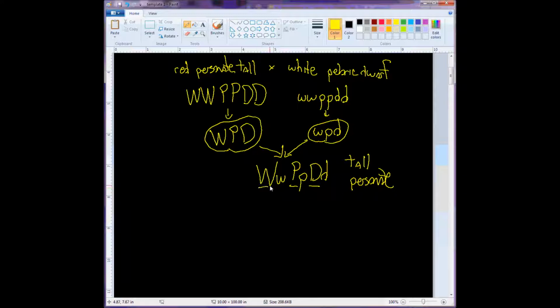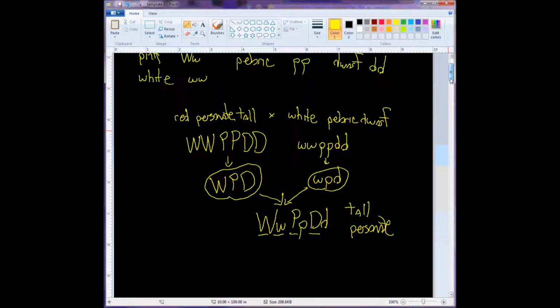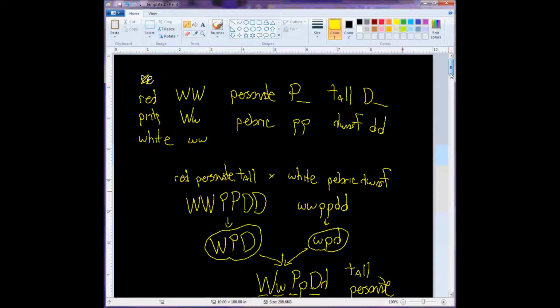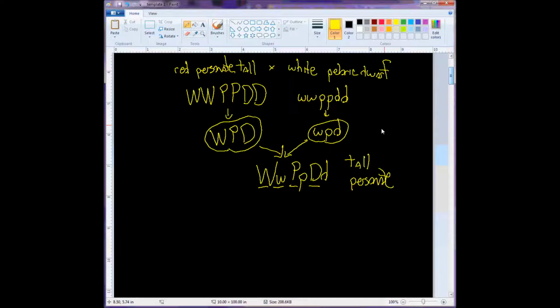And big W is dominant to little w? No. The question says it's incompletely dominant. We can go up to our little chart and we can see big W, little w genotypes are pink. So we have pink, personate, and tall. Okay, so that's the answer to the first part of the question.